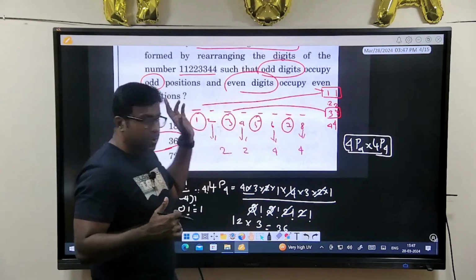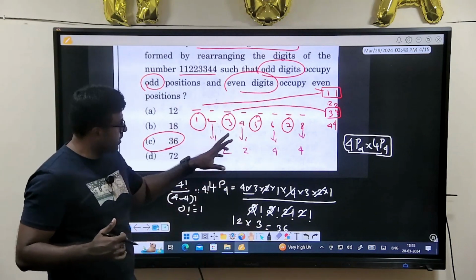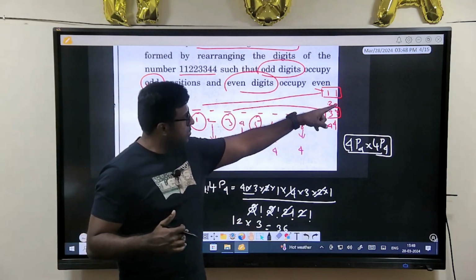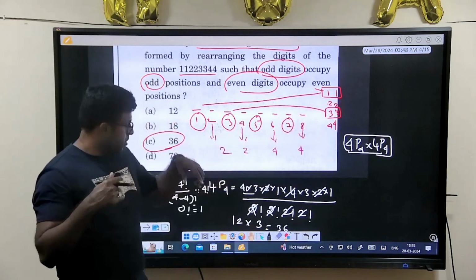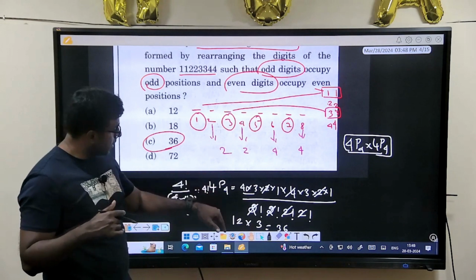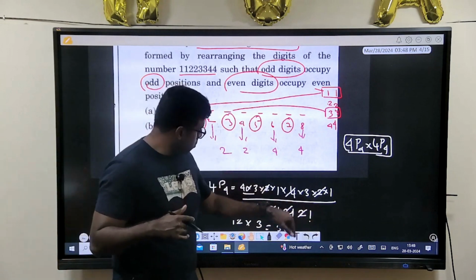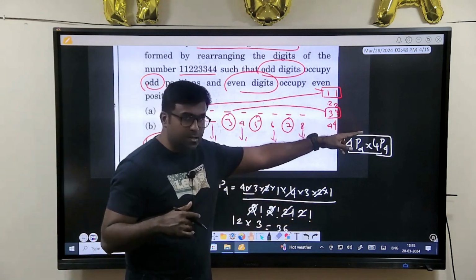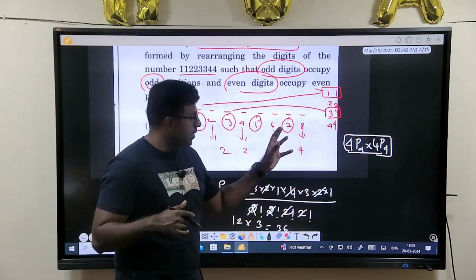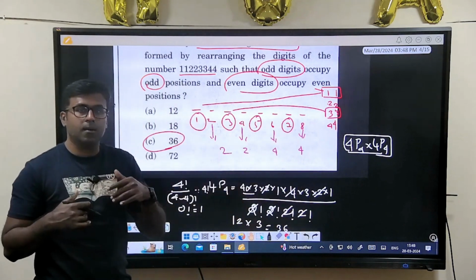In the previous one, I showed you the basic thing. Now if there is repetition, you have to divide by 2 or whatever. If there are 3 3s, it means 3 factorial.